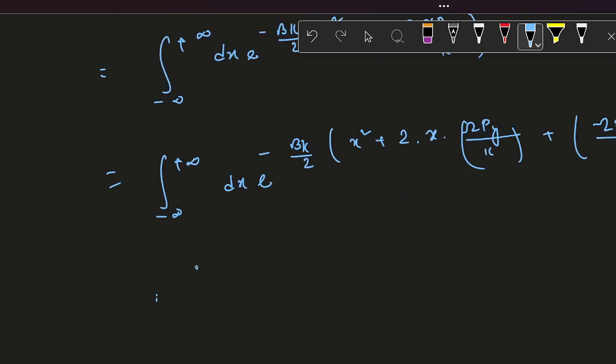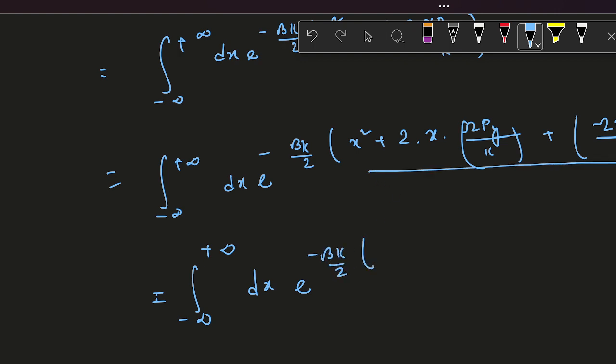And what it makes out of it is the integral from minus infinity to plus infinity dx e to the power of minus beta k by 2 of this term, which is as if a squared plus 2ab plus b squared, nothing but x plus omega py by k whole squared.